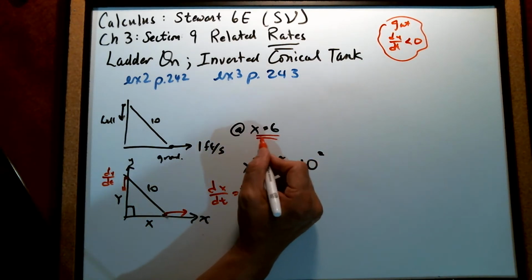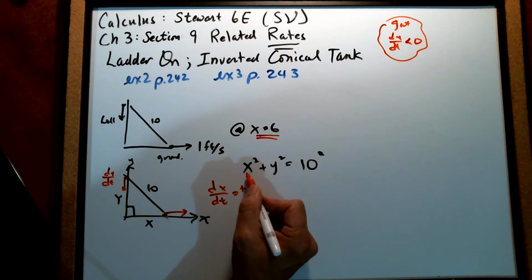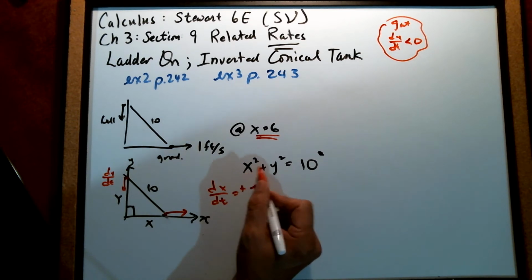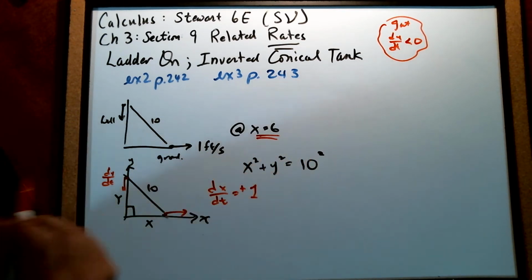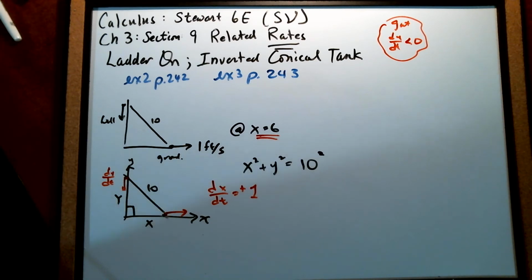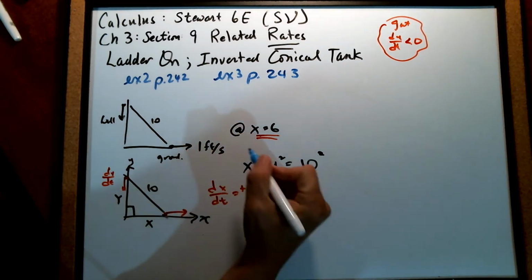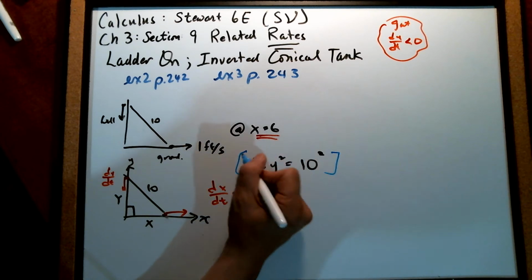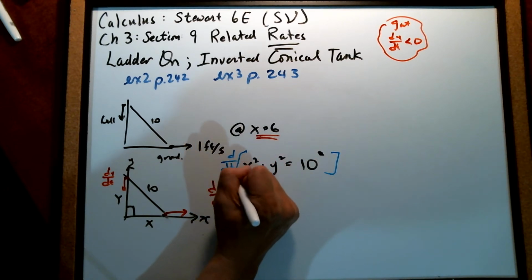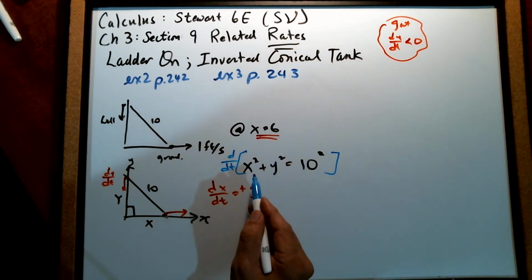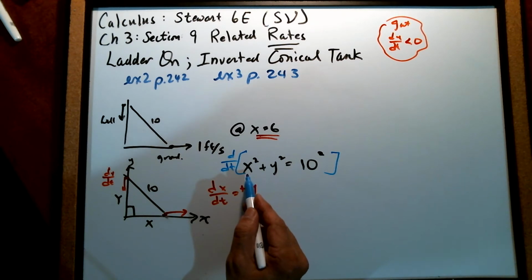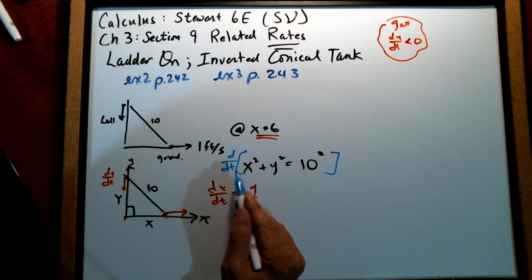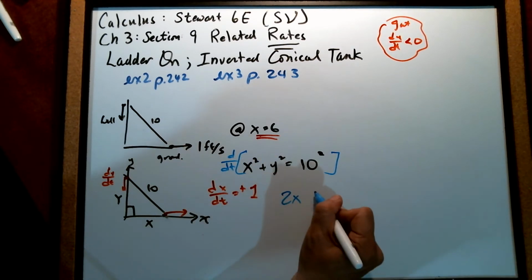And so at x equals 6, we don't actually plug in 6 at this stage. We actually plug it in after we take the derivative. So what do we do? We take the derivative with respect to time. Always. The previous section was with respect to x. Now it's going to be with respect to time. When we take the derivative of x squared with respect to time, you get 2x times dx dt.